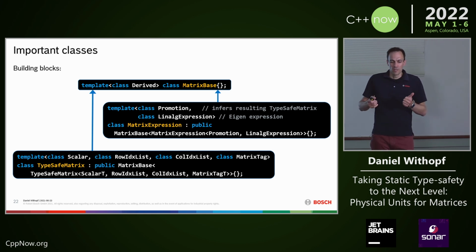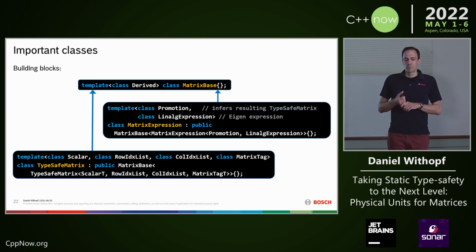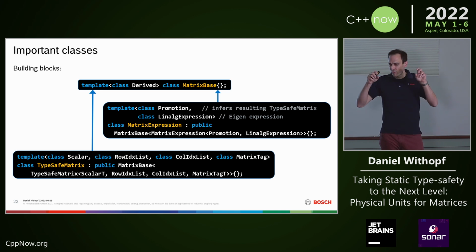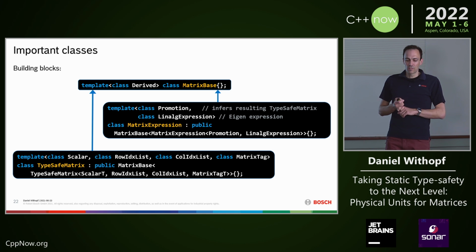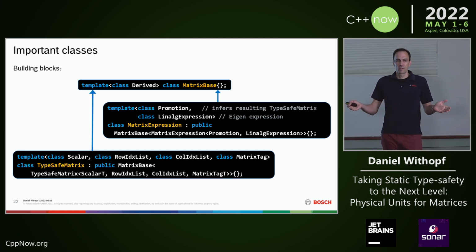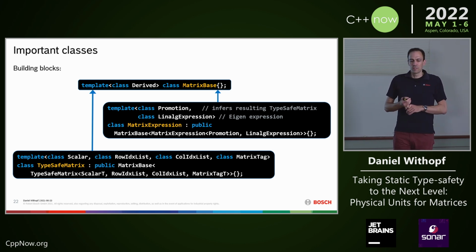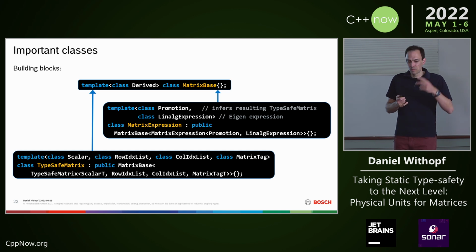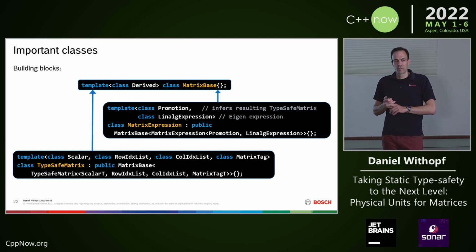The first one is a promotion type that's just responsible for inferring the resulting type inside my typesafe matrix library. So this is the syntactic sugar promotion. And the second argument is an expression from the underlying linear algebra library that we're using, maybe Eigen in our example, which is responsible for doing the calculations at runtime. So 2 parts. One is the compile time information, the other one the runtime information.